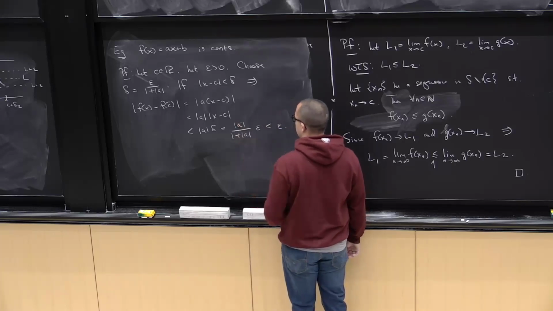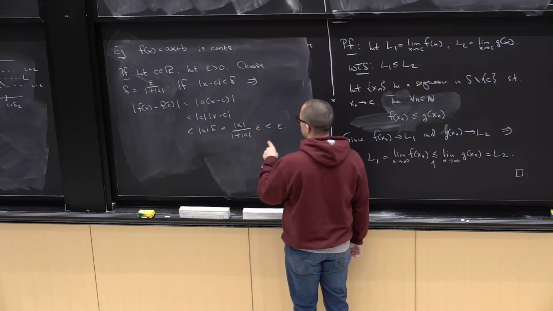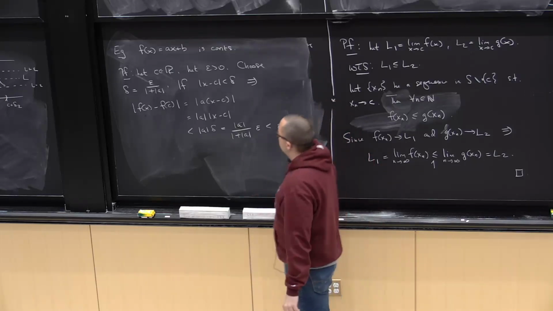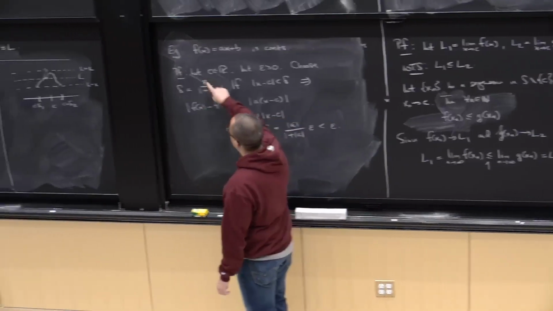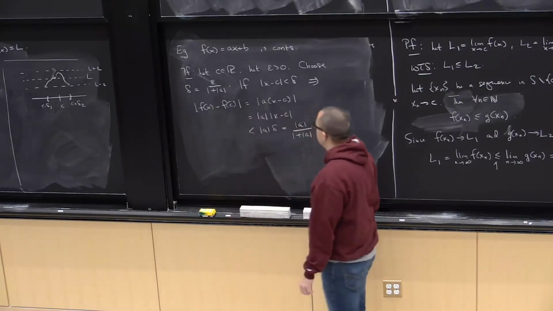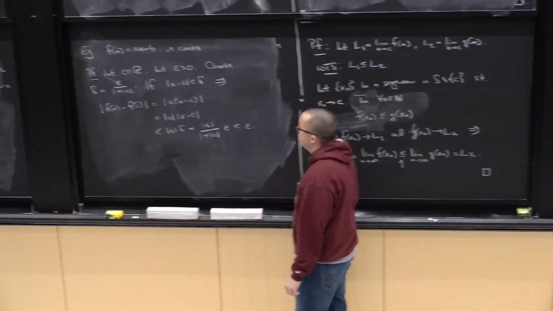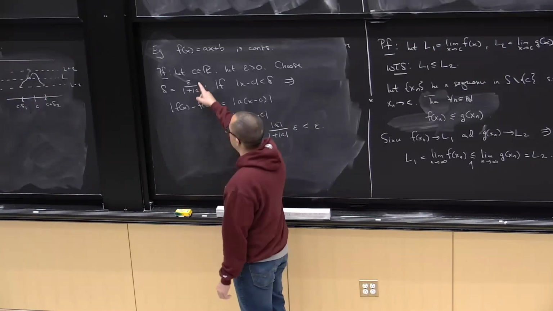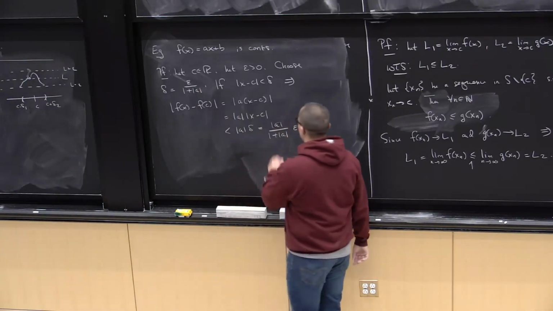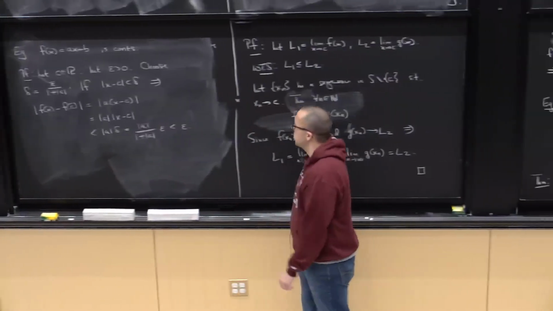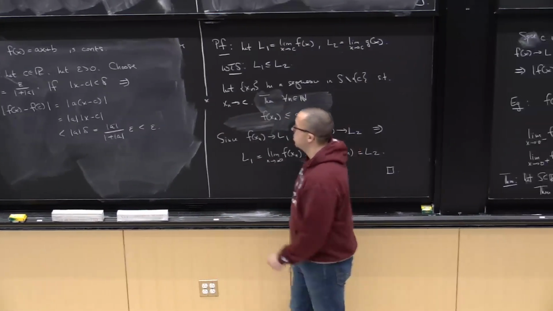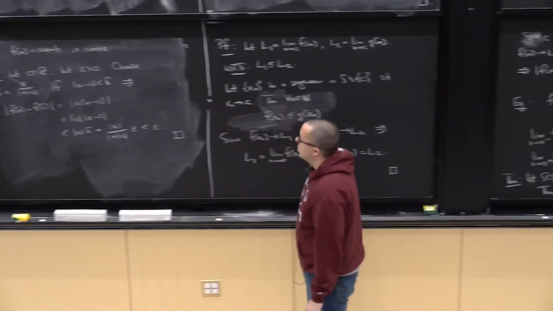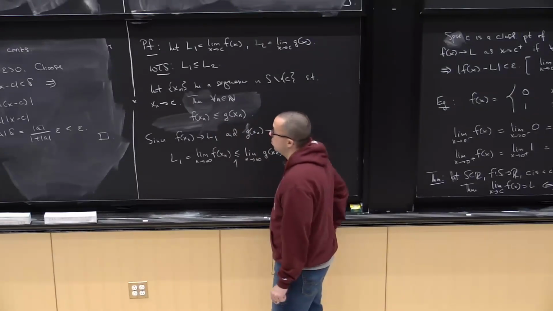Because a number over 1 plus that number is always less than 1. Maybe you were wondering, why didn't I just choose delta to be epsilon over |a|? This is just a smidgen of sophistication: what happens if |a| is equal to 0? Then we would have divided by 0. So adding a 1 there takes care of that. Okay? So this function is continuous at every c, so this function is continuous.